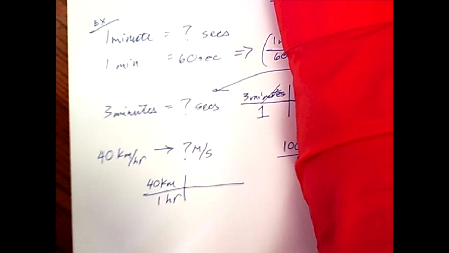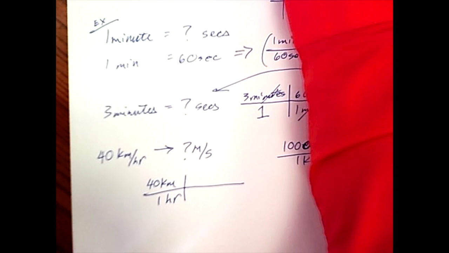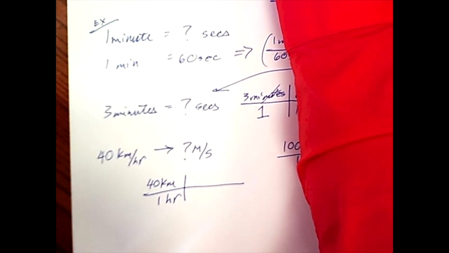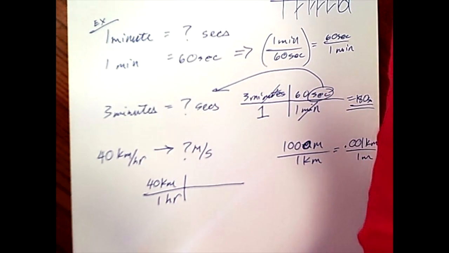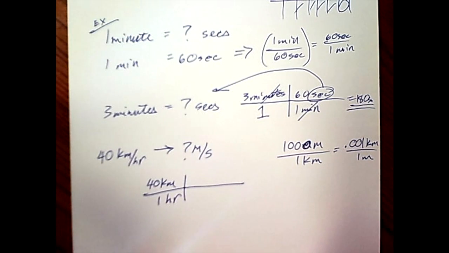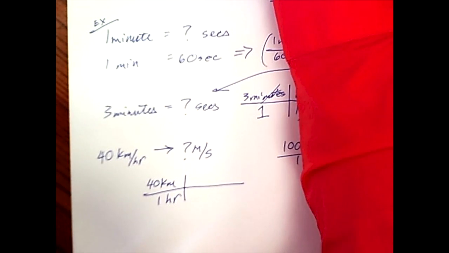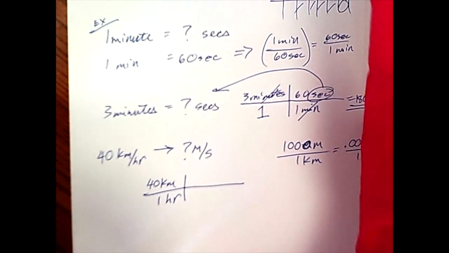So a lot of times you're going to get that there is 0.001 meters in a millimeter. But we also know that there's 1,000 millimeters in a meter. So again, whatever you're comfortable with memorizing, you should know. It's also useful if you can do it in scientific notation and use the exponents. It's really up to you.